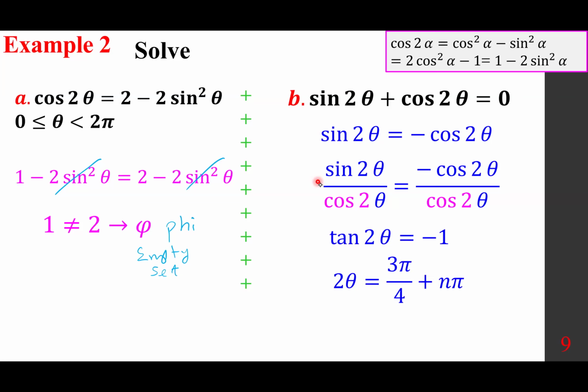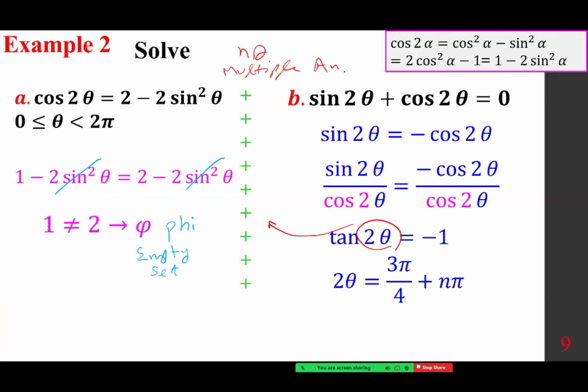The way we do multiple angles, this is multiple angles, n theta. To find them in the first revolution from 0 to 2 pi, you have to add their period. In this case, it's pi, so times n pi. If it were sine or cosine, you would say 2n pi, and then you divide by 2 and you solve them.